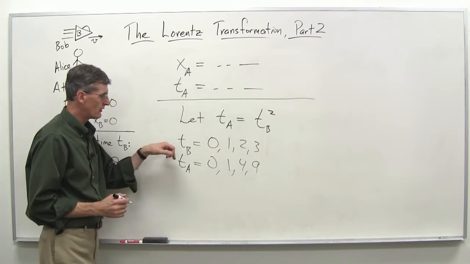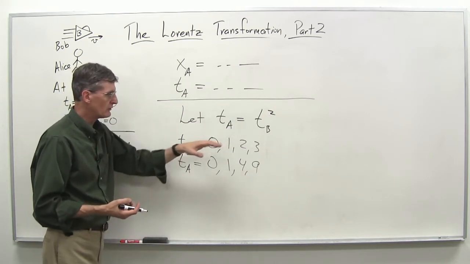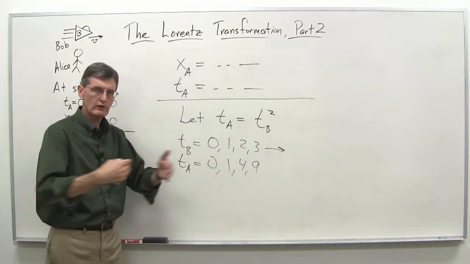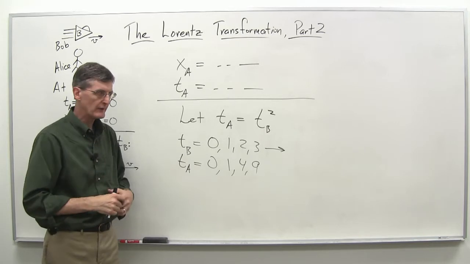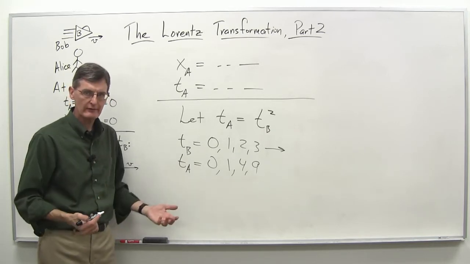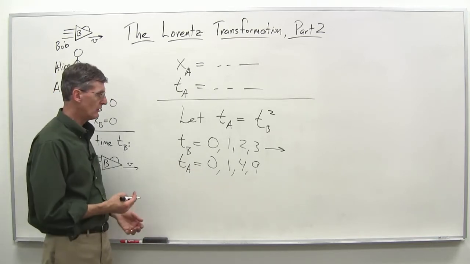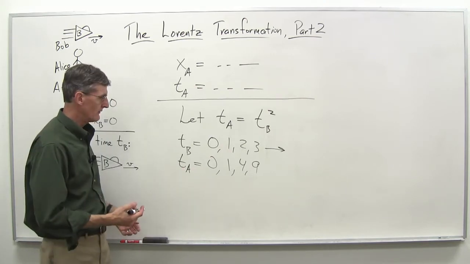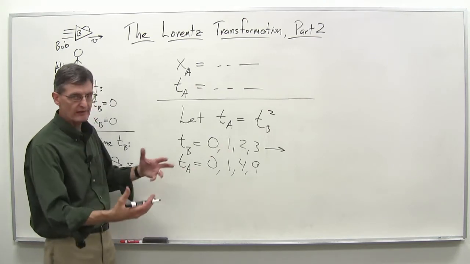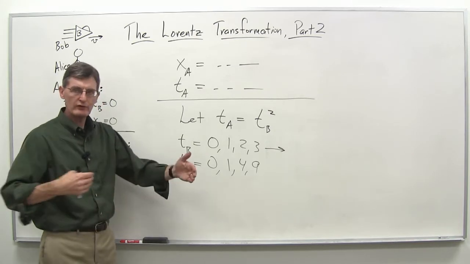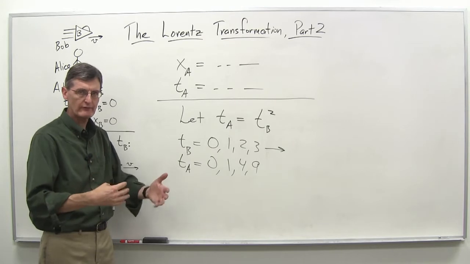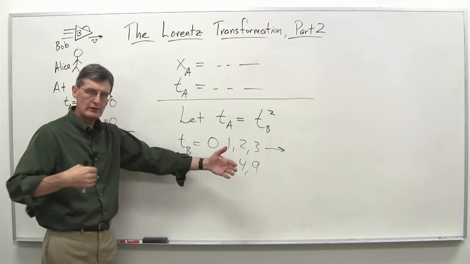Well, let's do this argument here. T sub b equals 0, 1, 2, 3. On Bob's clocks, we can also move clocks forward or back, right? We can calibrate them, just sort of like daylight savings time, depending on what time zone or country you're living in, whether you use daylight savings time or not. But very easily you can recalibrate your clocks, set the origin, set the 0 point to whatever you want, and you're measuring elapsed times.